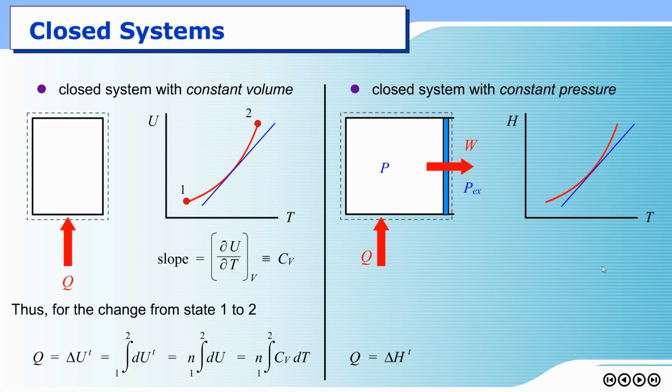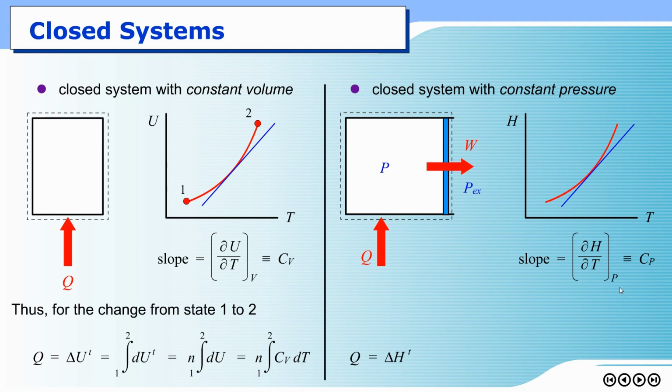You can find the slope at any given temperature, and that slope will be defined as the heat capacity for the constant pressure process, or CP. This slope mathematically can be written as dH by dT for the whole process under constant pressure.